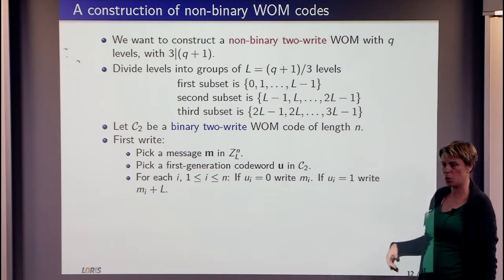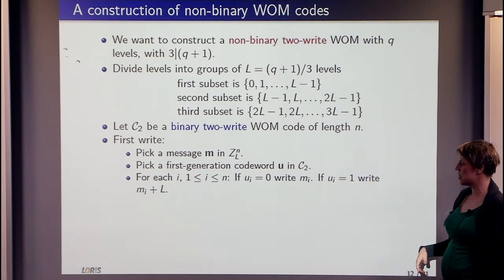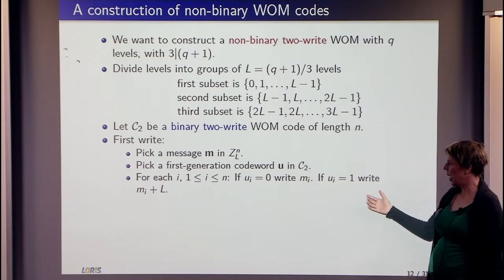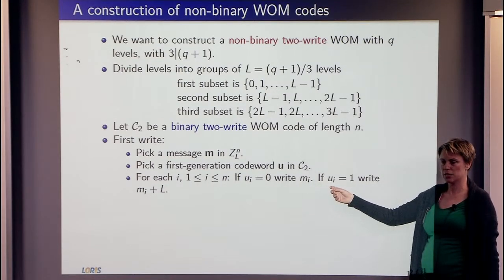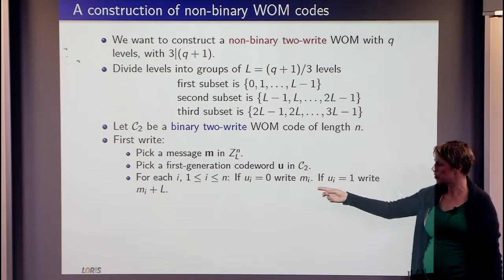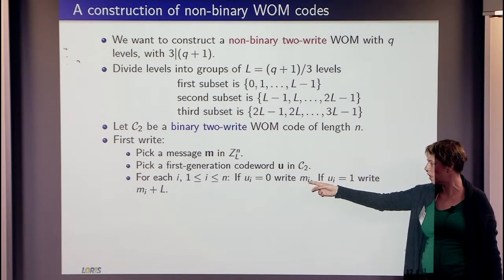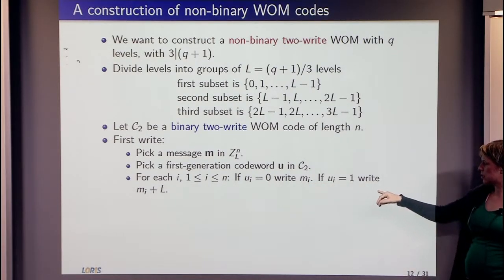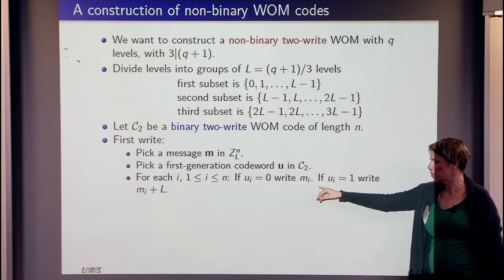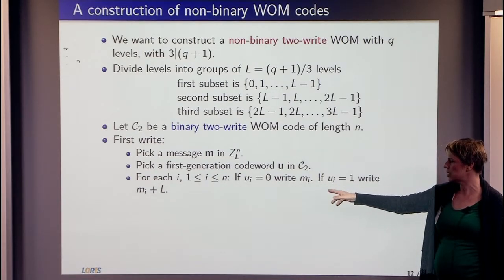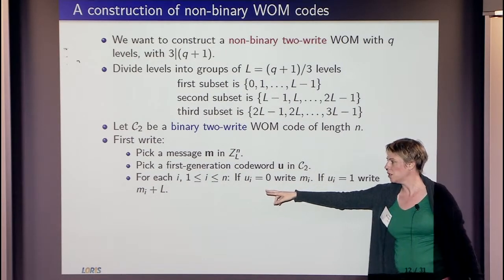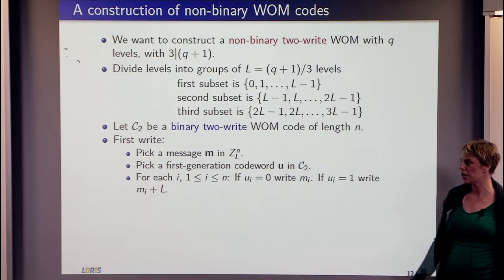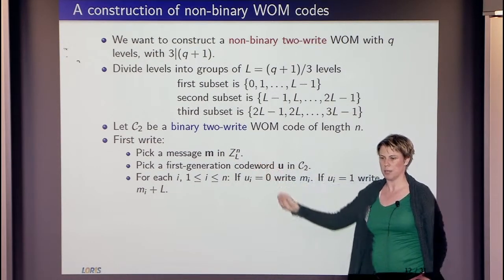We saw an example of one with input size 2, length 3. Depending on what the entries in that code word u are, you're going to write in that position either value m_i or m_i plus L, where m_i is the i-th entry in your message.